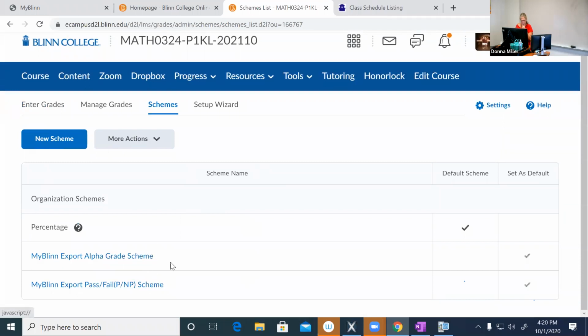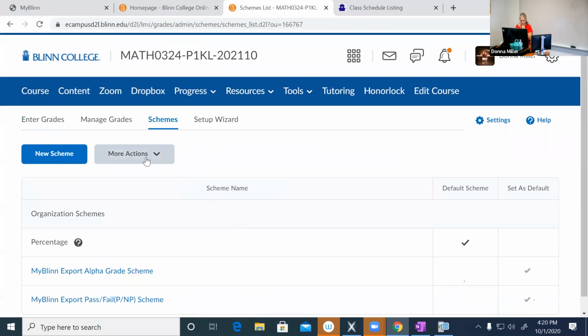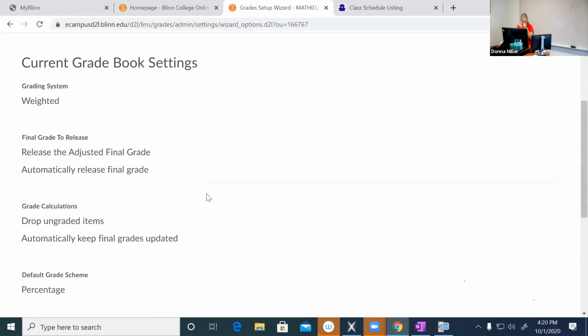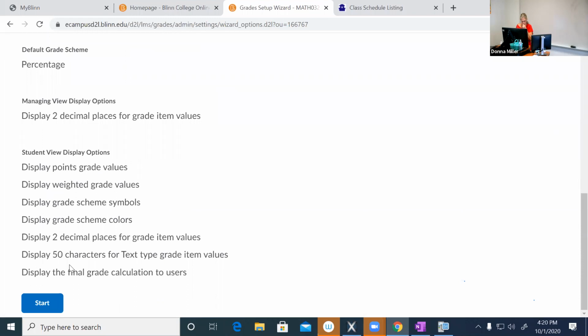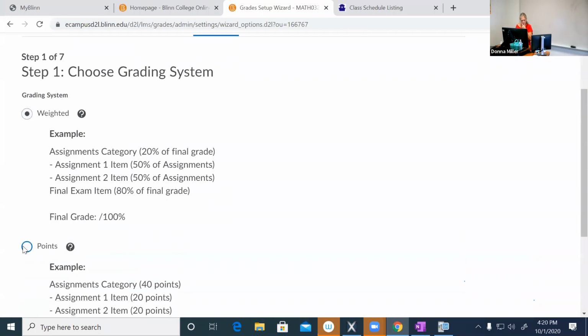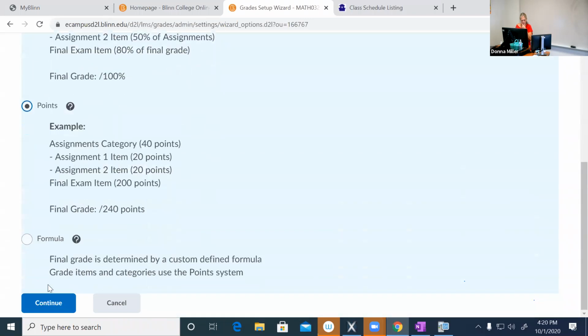Okay, I'm going to try something though. While I've got you guys here, let me try going to a point scheme. Okay, so let's do points. It works.